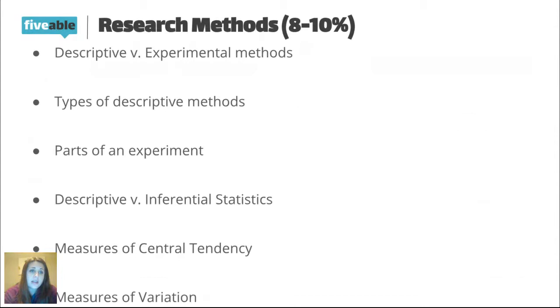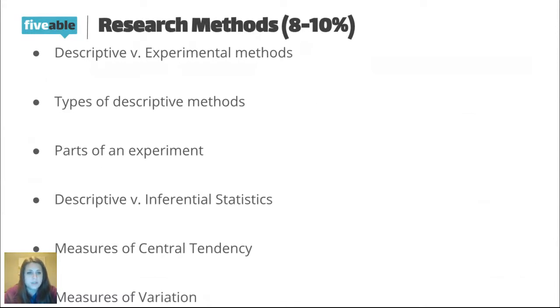And then the next part is about how we analyze the data that we get from our studies. And so being able to determine a descriptive versus an inferential statistic, so things like mean, median, and mode versus statistical significance or things like that. Understanding the measures of central tendency and not just knowing what they are, but knowing when they would be useful and how I would use them.